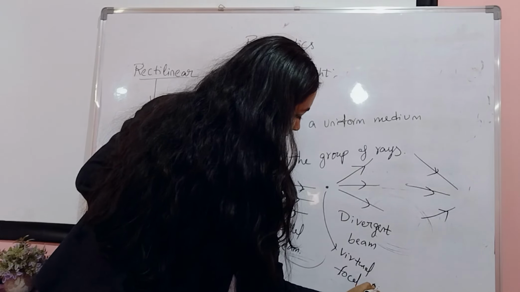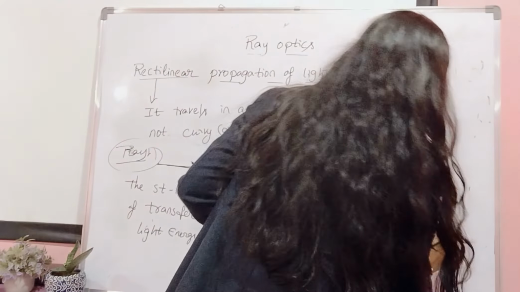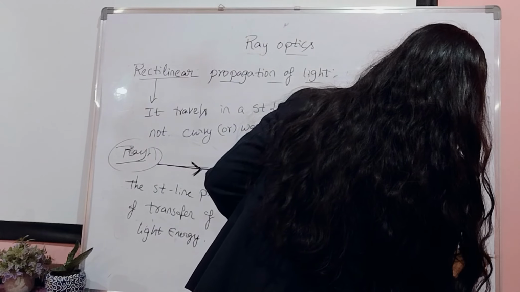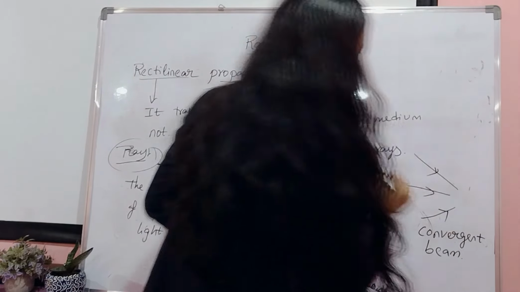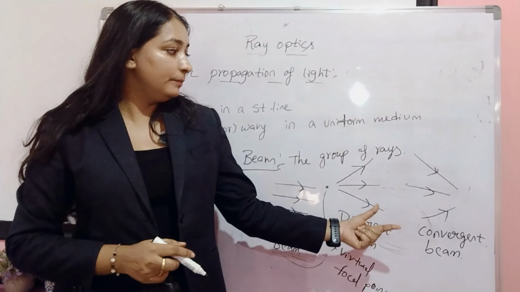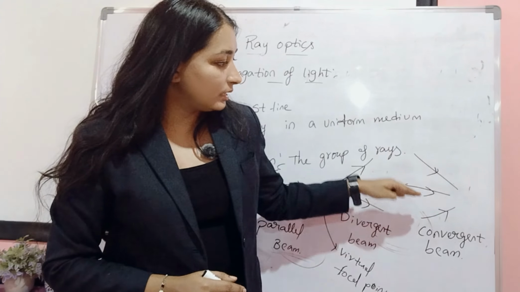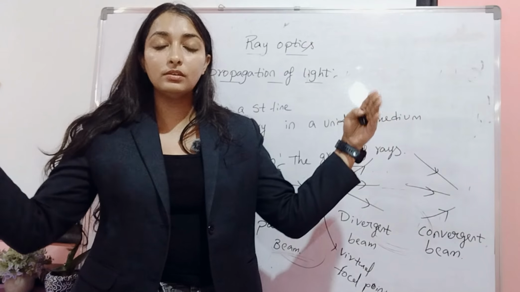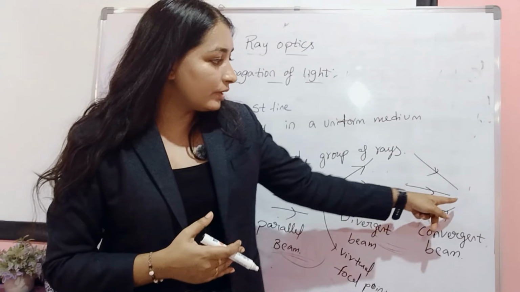And look at this, this is convergent beam. So in this convergent beam, the group of rays are coming from various directions and they are meeting at one point.